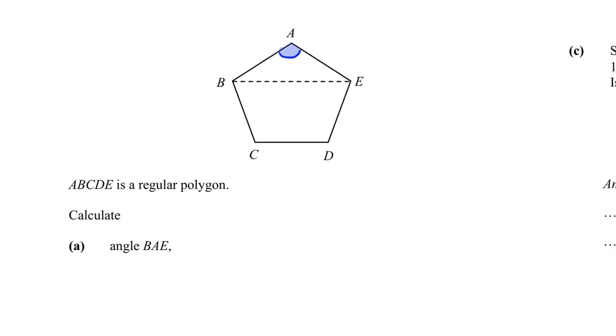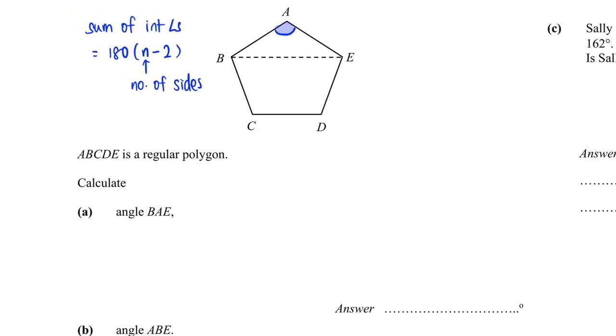So I will then have to tap on my knowledge that the sum of interior angles for all polygons is 180 multiplied by n minus 2. And what is this n? The number of sides. So in this case, 5.